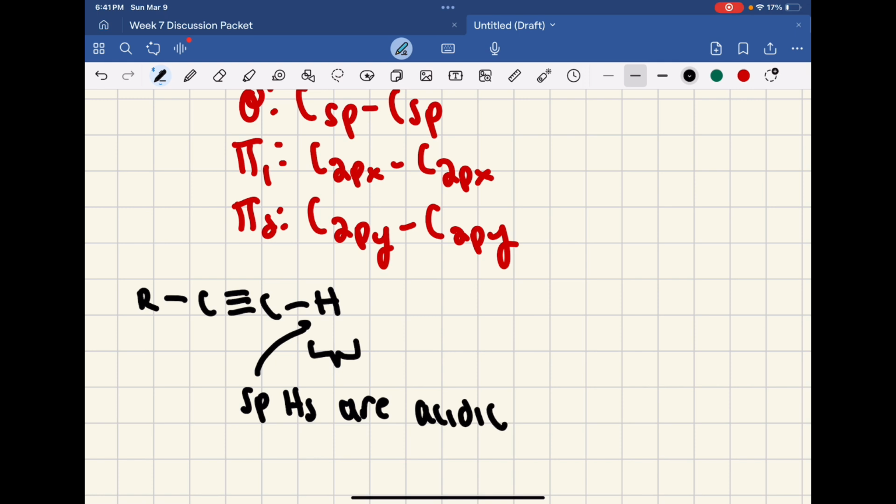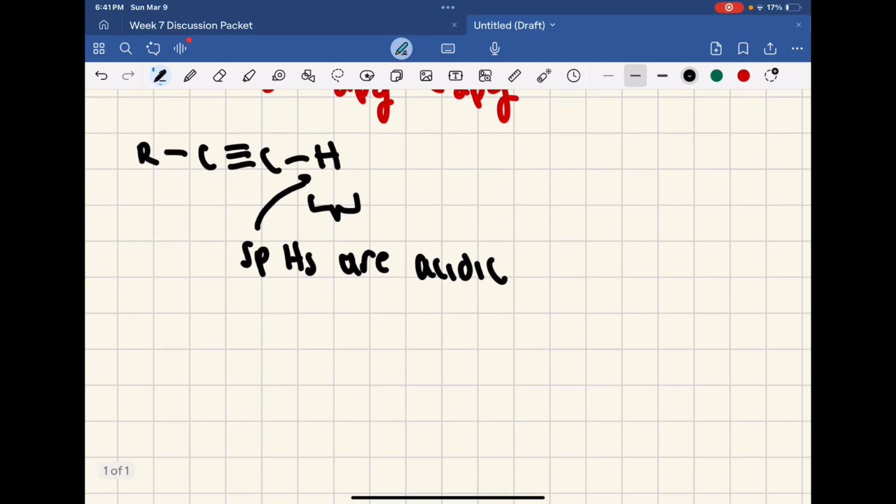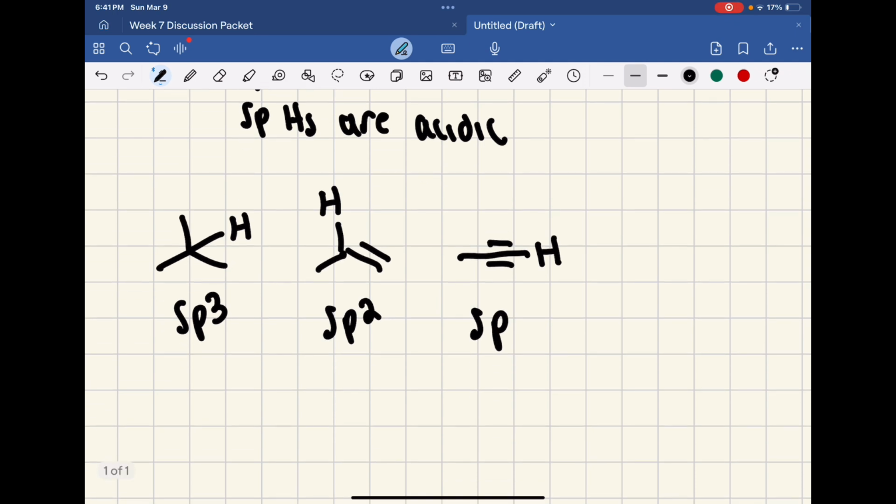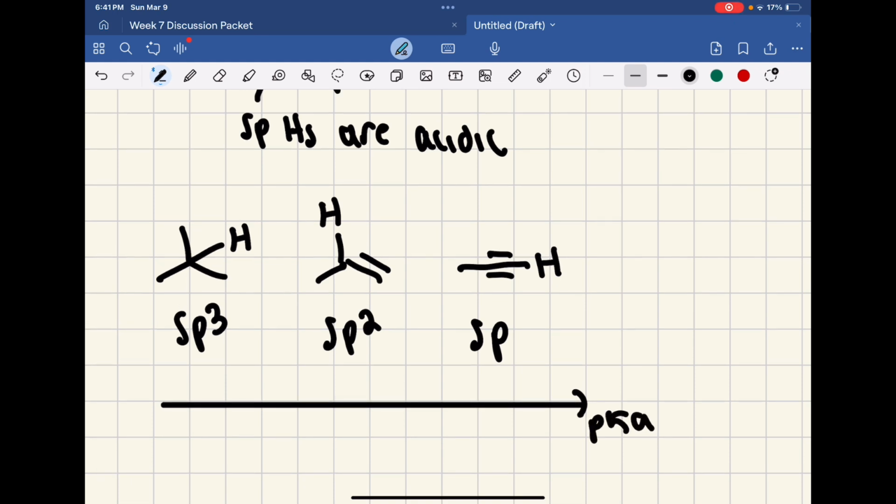If you remember, that was the trend that we talked about, where if we had a generic sp3 versus sp2 versus sp, so sp3 center, sp2 center, sp, we said in terms of stability of the anions, the pKa decreases, or the Ka is higher, meaning the acidity is higher with more s character.